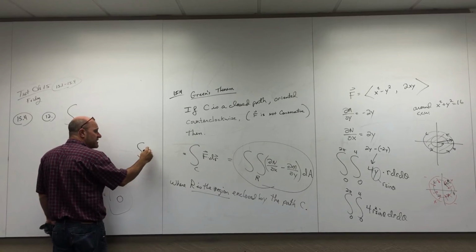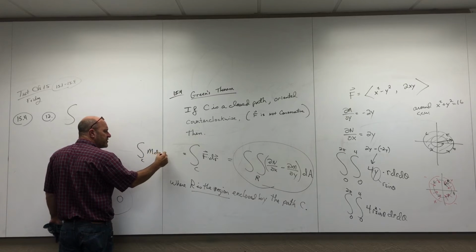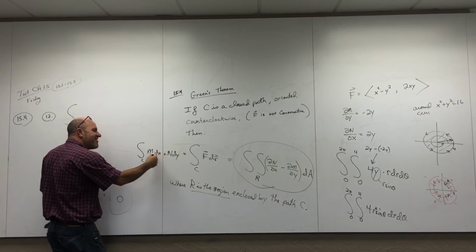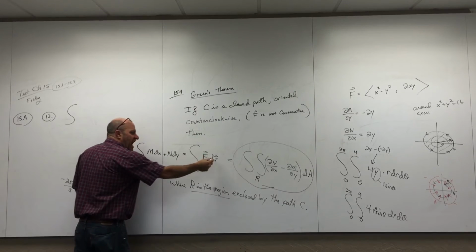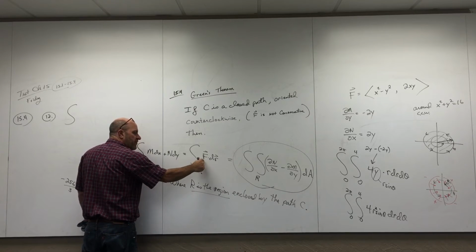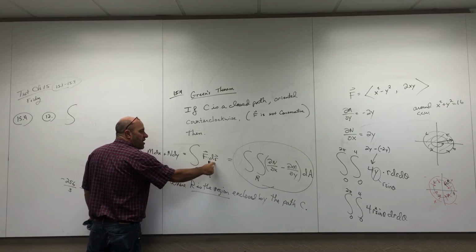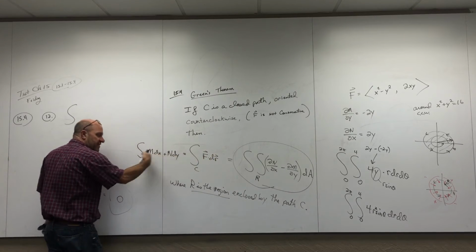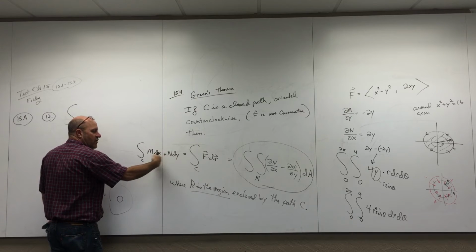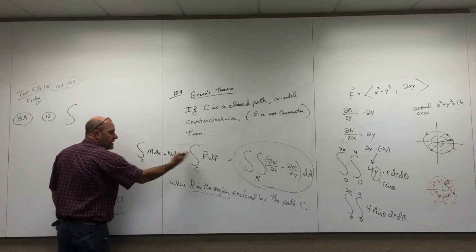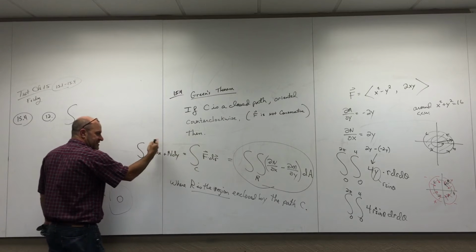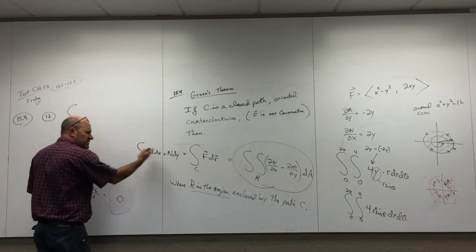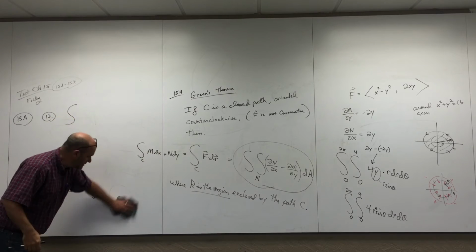The alternative form is m dx plus n dy. That's it with the dot product already done. With your vector field and your dr, go ahead and do the dot product, you end up with this. So this is just kind of an alternative form, but it's really just a step down the line. It's the dot product already done there. So they're presenting it to me like this oftentimes.